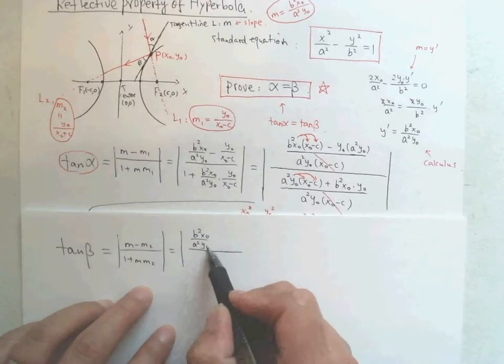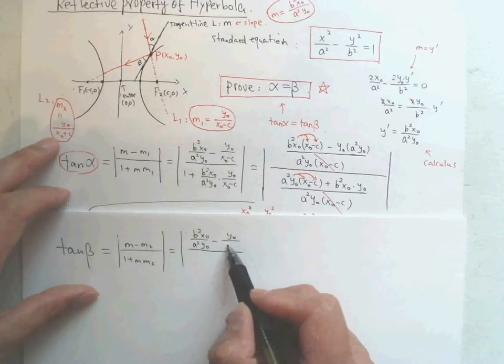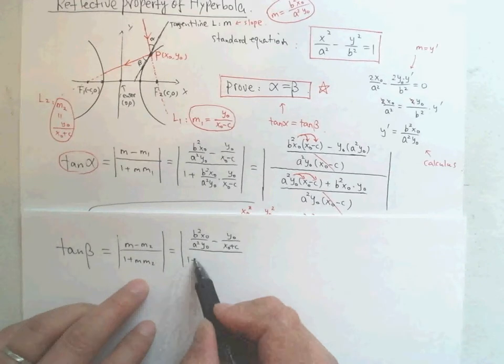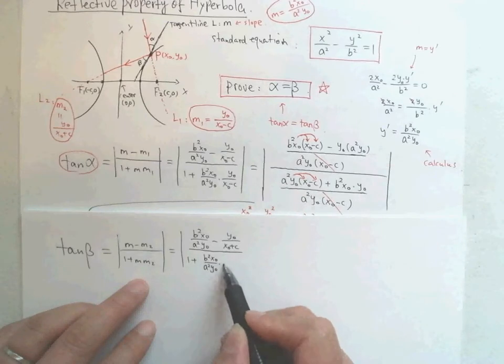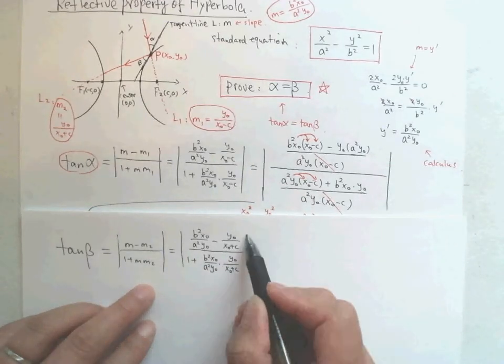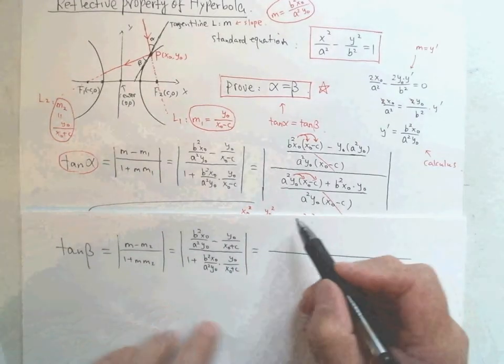m is the same, b square x0 over a square y0, minus m2, which is y0 over x0 plus c this time. The bottom is 1 plus b square x0 over a square y0 times y0 over x0 plus c.